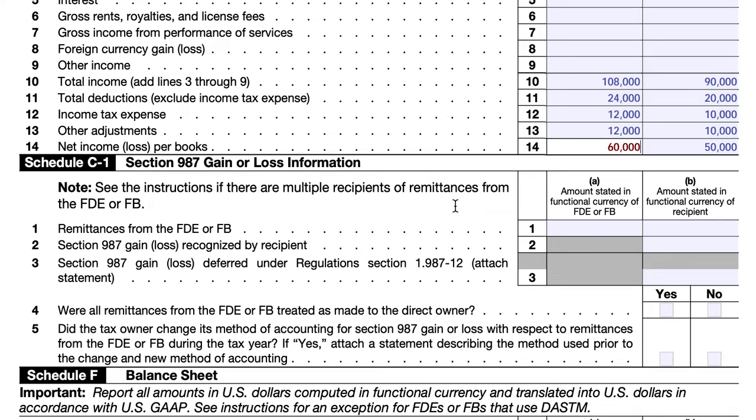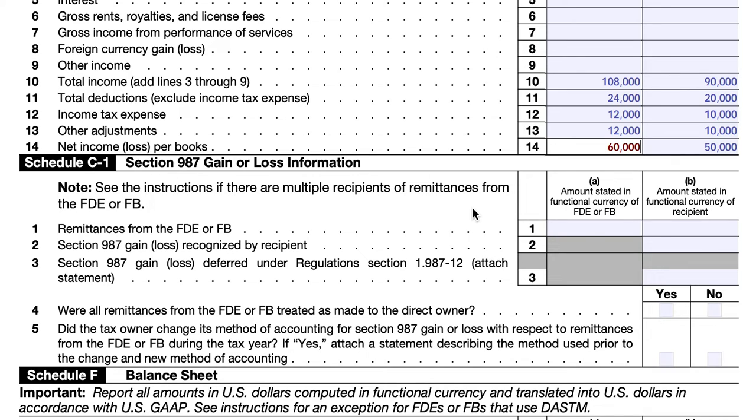So in Schedule C1, if there are multiple recipients, there are special instructions on how to treat that amount that you're stating in the functional currency of the FDE versus the functional currency of the recipient.